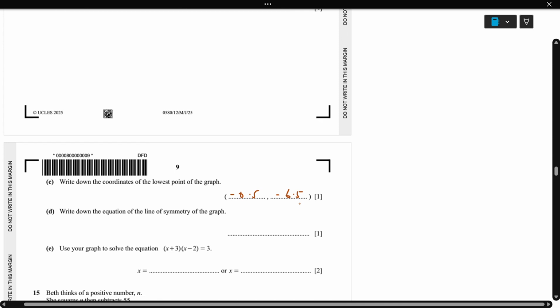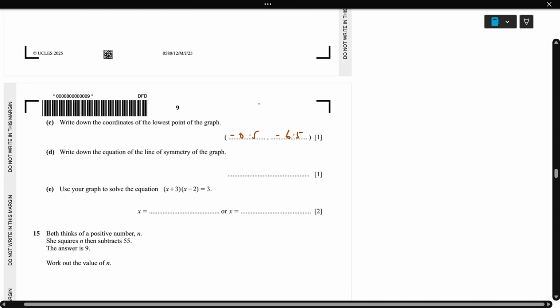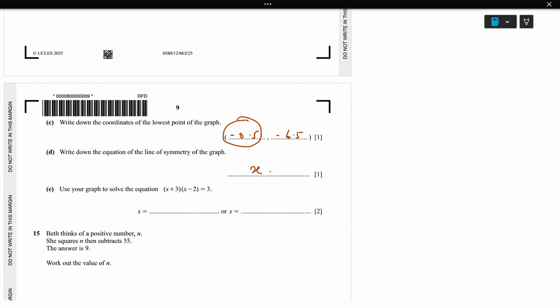Next one, write down the line of symmetry. The line of symmetry is always through the lowest point. This is equal to x equal to -0.5. The turning point, where the line is turning here, you'll get two coordinates, some x and y. So this is always the symmetry point. When we draw a symmetry line, we always write x equal to this value.